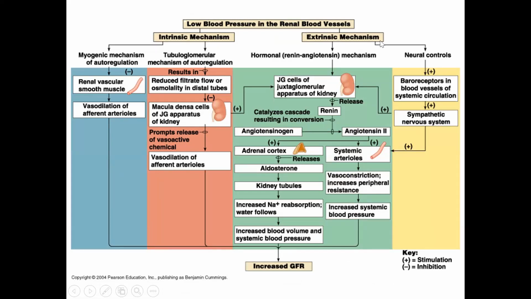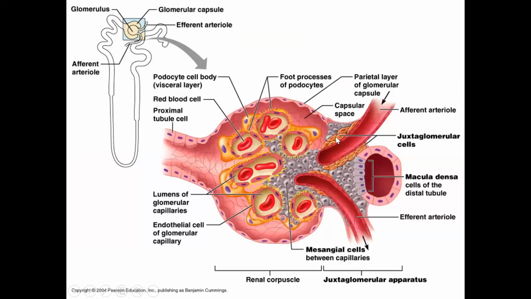For the extrinsic mechanism, the goal is to adjust the glomerular filtration rate by changing the systemic blood pressure. If you remember the angiotensin mechanism, one main hormone involved is renin. Renin is released by granular cells right here.